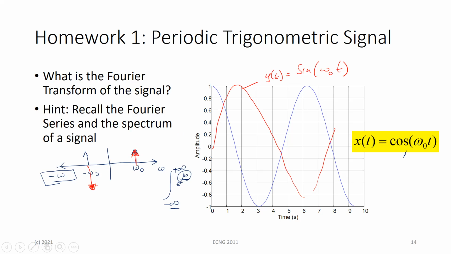That's because sine and cosine are out of phase by 90 degrees. 90 degrees in the complex domain is 1j. Remember, j is our rotating phasor, which represents 90 degrees. So sine and cosine being out of phase, you're going to have this out of phase frequency for the sine. And it's all easy to prove using the properties.